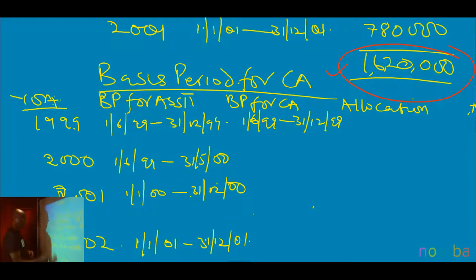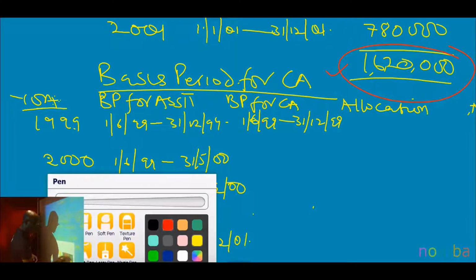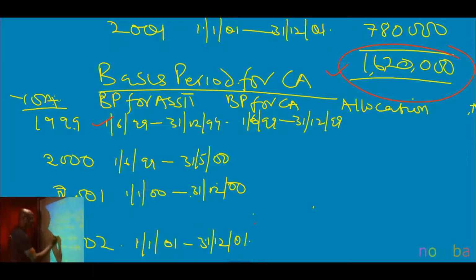If you look at these two periods here, there's a difference between them. Although they started the same day, they did not end the same day. One is longer than the other. Are we together? You agree with me that this one is longer than that by 5 months. So what do we infer from that?